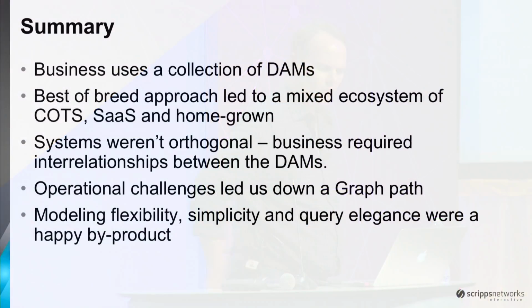So, in summary, our business has a collection of DAMs. We use the best of breed approach across those DAMs. So sometimes that's custom development, sometimes it's COTS, sometimes it's a SaaS system. But the systems weren't orthogonal. They needed to interact, and the business demanded interrelationships between those DAMs for their different use cases.